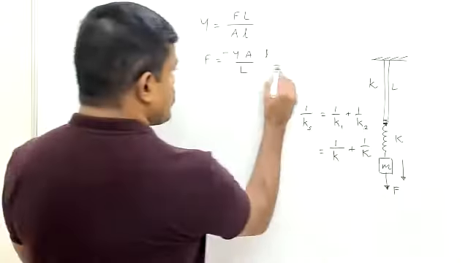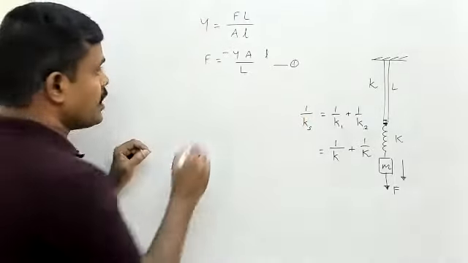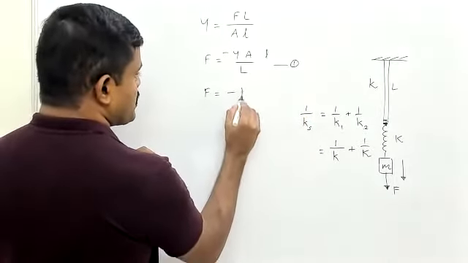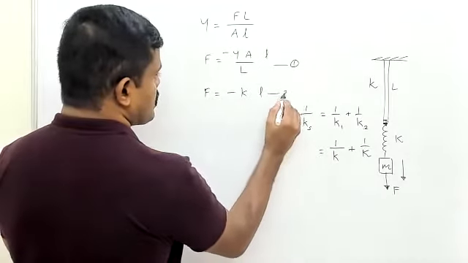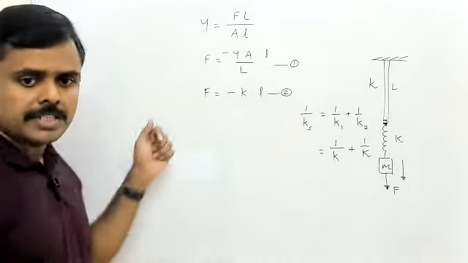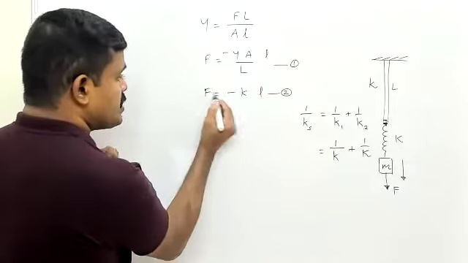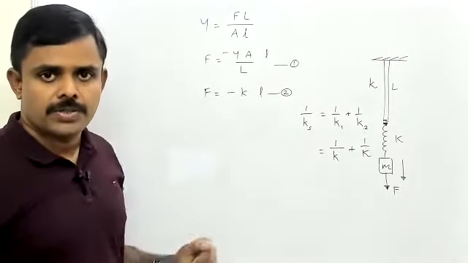Now, if I take this as equation number 1, the general equation for force is F equals minus k into l, equation number 2. Force is written as minus k into l, where k is the force constant.